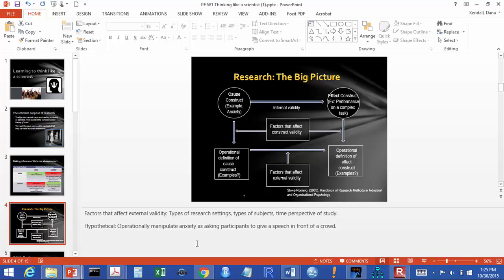And so what we do is we create measures and manipulations in order to operationalize them. Those are depicted as squares. And then the squares are the operational definitions of those. Okay, so we have here anxiety, and we're going to manipulate it in a certain way.